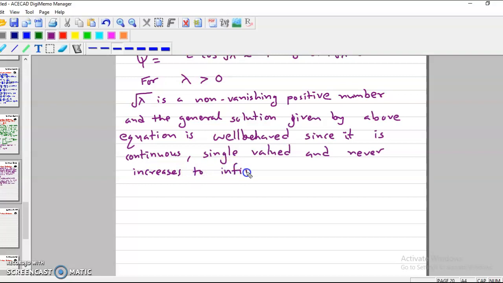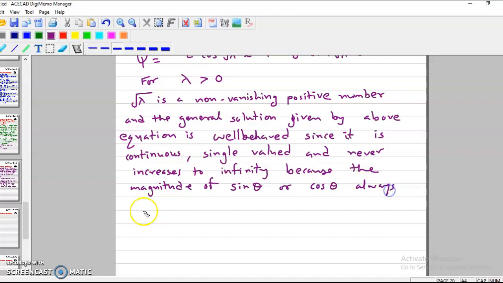See, these are all conditions of Schrodinger's wave equation, because the magnitude of sine theta or cos theta always oscillates from +1 to -1.